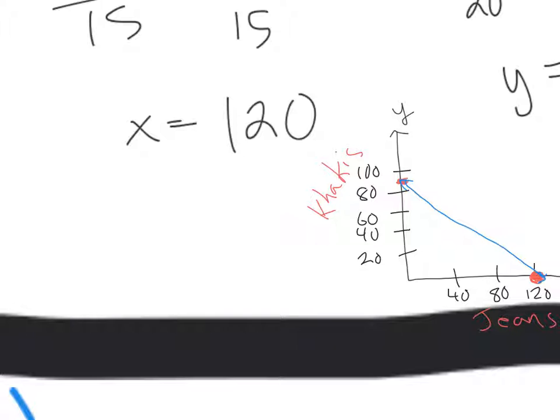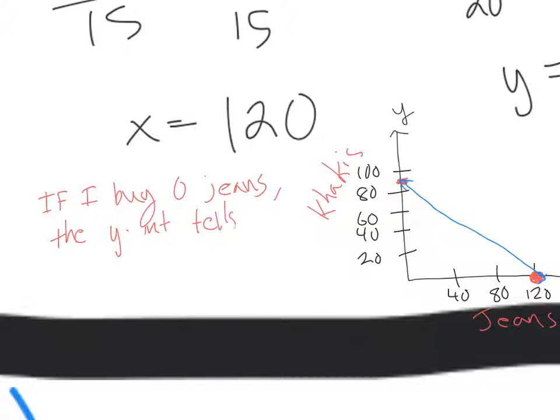So basically, if I get a shipment of 0 jeans, the y-intercept tells me I'll have 90 khakis.